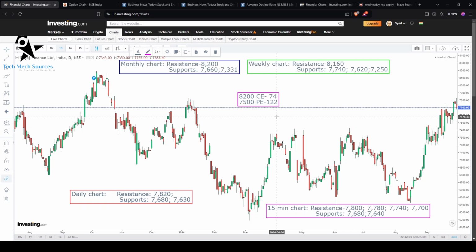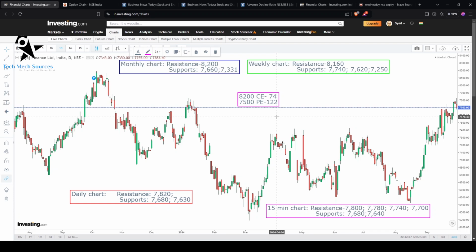That is 2,000 divided by 24,500 into 100, and that becomes 8%. Imagine 8% in a day.